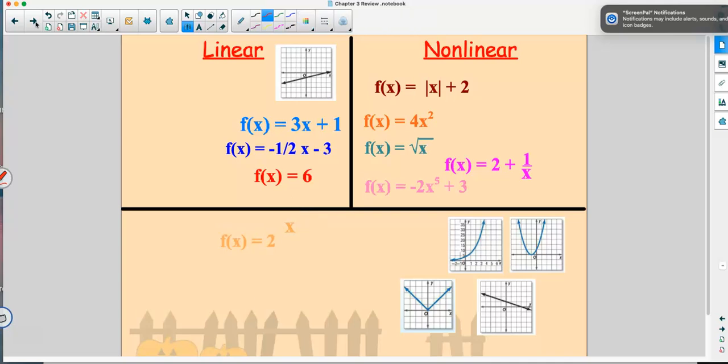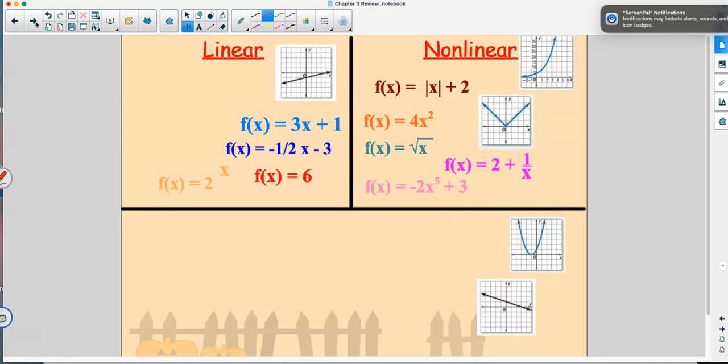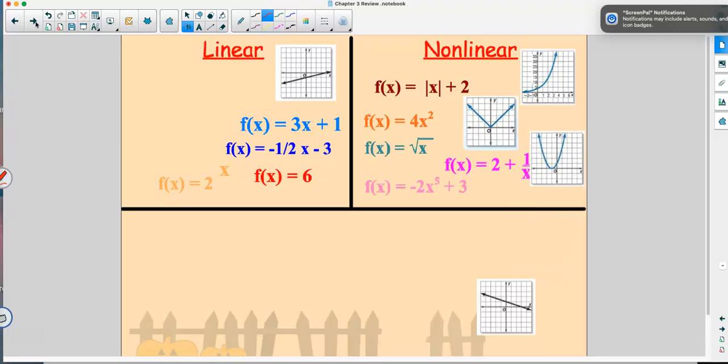And this one actually is, my x is not going to cooperate. There we go. And then these are considered curved. Even though this is a straight line, it bends, so it is not linear.